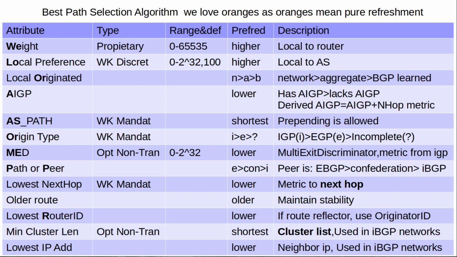So BGP will take into account the weight, which is a proprietary attribute for Cisco. You will not find the weight attribute in Huawei or in Aruba or in other devices. Weight is only Cisco proprietary. And then BGP will look into the local preference. Then it will look into whether this path was locally originated.